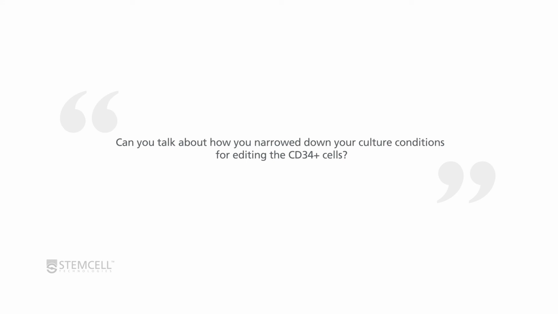so people are working on different types of cultures, whether to keep the media static or change it continuously. There's a set of cytokines that everybody uses, but nobody really understands the doses. We know that we're certainly adding too much of certain cytokines with the idea of hoping to expand these cells outside of the body.